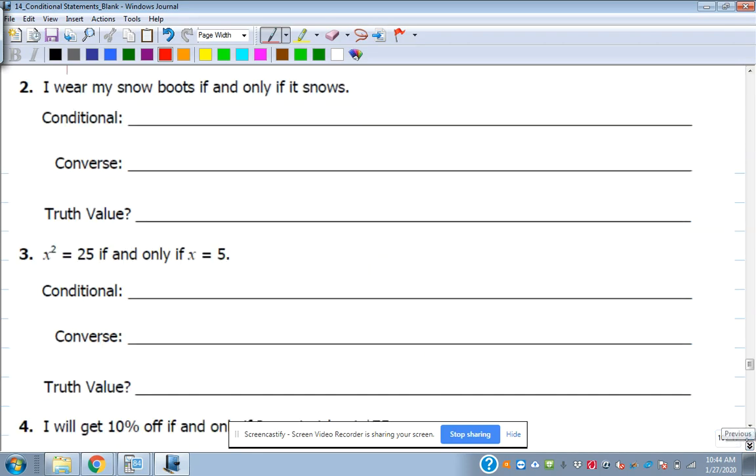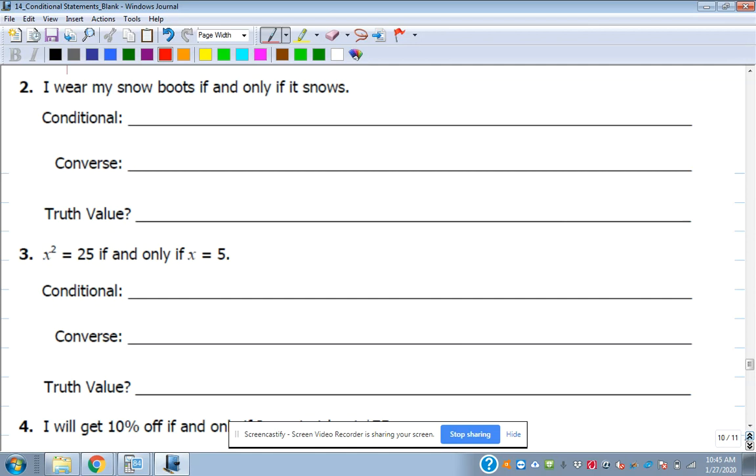Let's look at number 2. I wear my snow boots if and only if it snows. Let's just talk about it. You can write it if you want to. I'm just going to talk. What would be the conditional statement of that? Okay, if I wear my snow boots, then it snows. What's the converse of that?